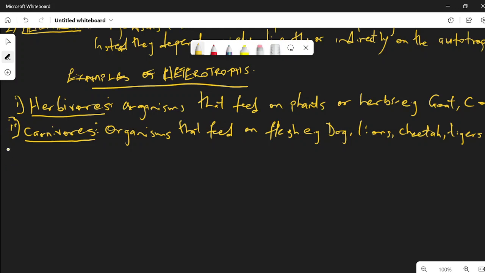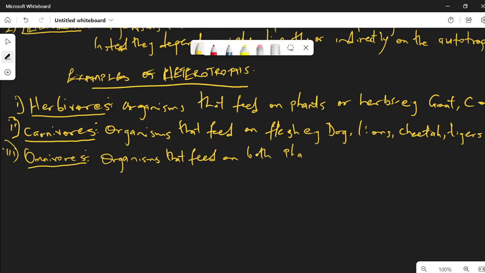So we have the third one, and that is omnivore. So that's the third group, omnivores. These are organisms that feed on both plants and flesh.